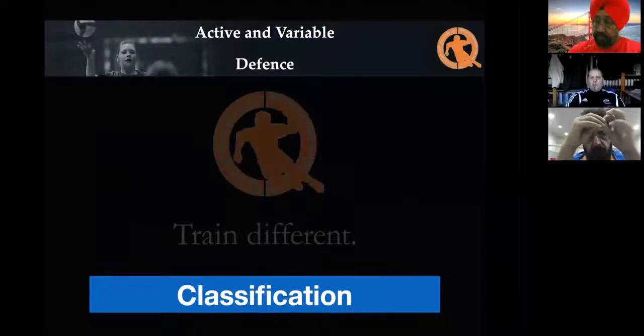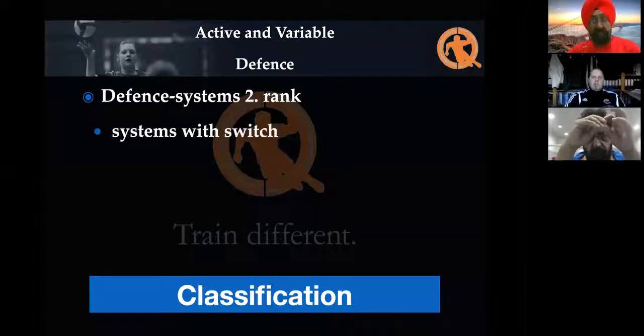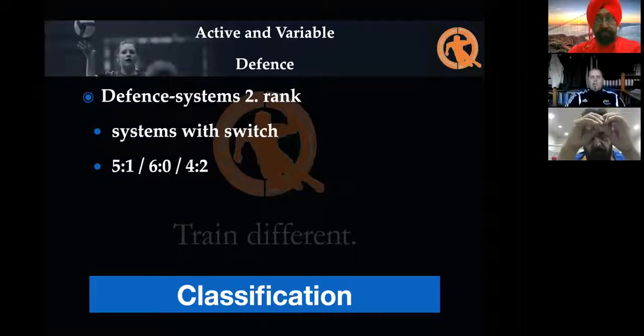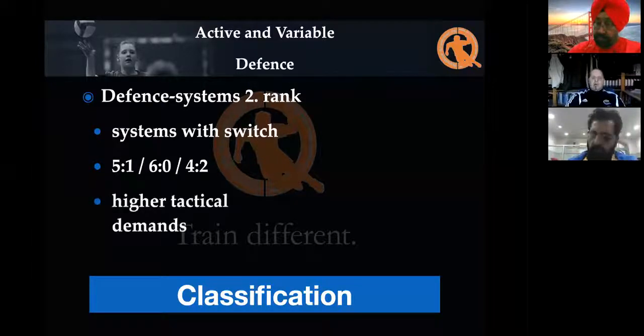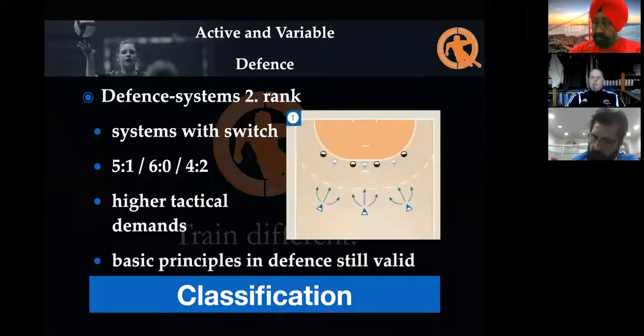Now coming to those defense systems of second rank. Some defense systems work with a so-called switch, a type of cooperation which is needed in 5-1, 6-0, and 4-2 defense, and which depends on higher tactical demands. Because in that moment, it depends on the communication between the players in neighboring defense positions.